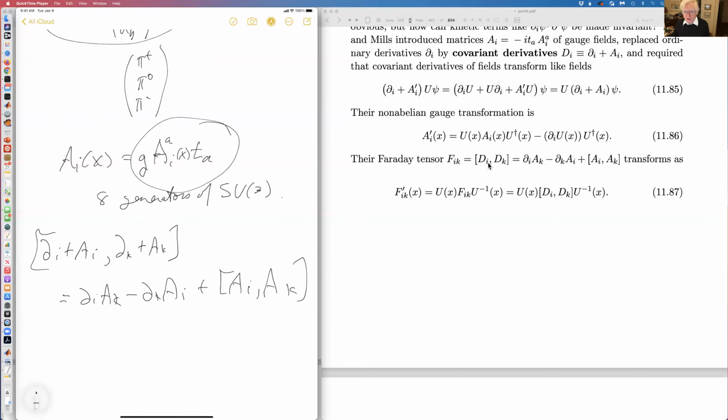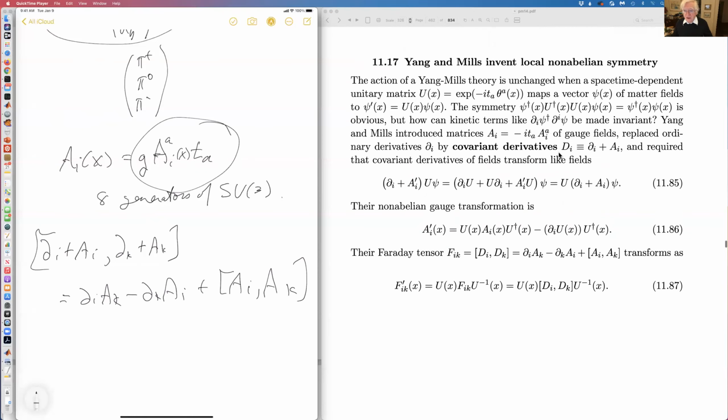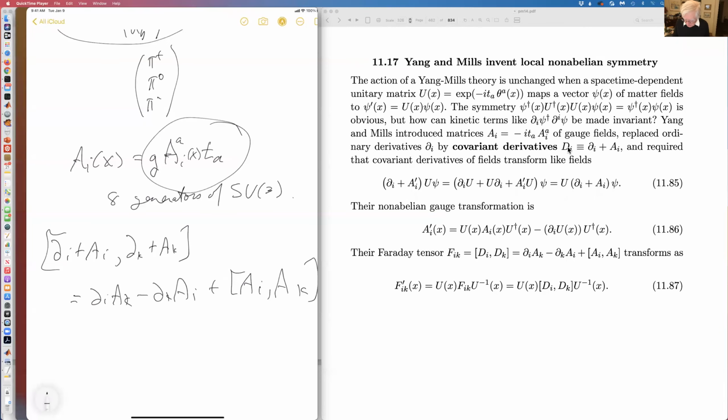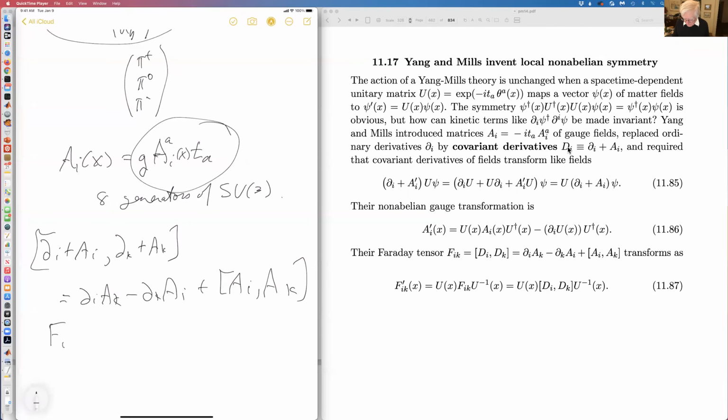And so then you can ask, well, how does this field strength or Faraday tensor transform? Well, we know how these guys transform. So in other words, this F_ik is the commutator of D_i with D_k.